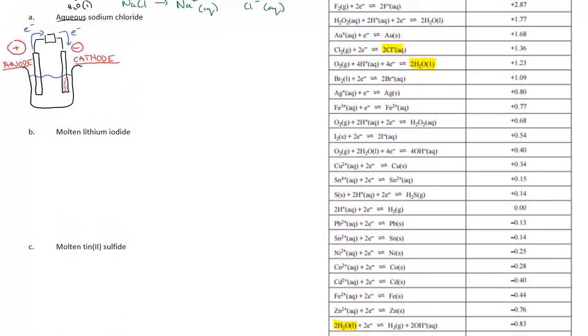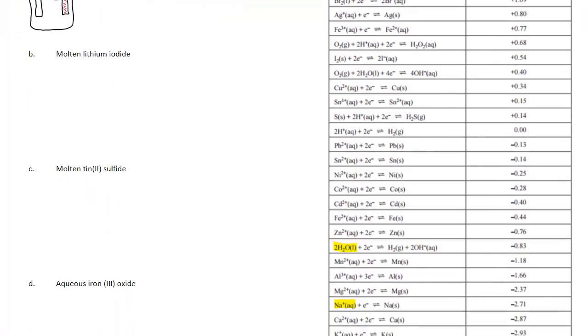Now at the cathode, remember the cathode is the location of reduction. So it looks at which chemical is going to gain electrons. Neither of these chemicals up here are capable of gaining electrons. It's only going to be these two down here.